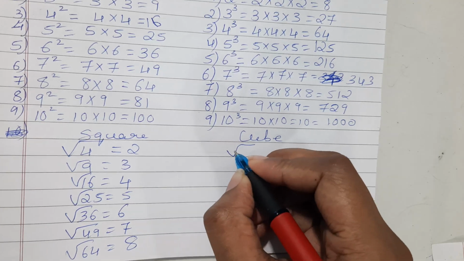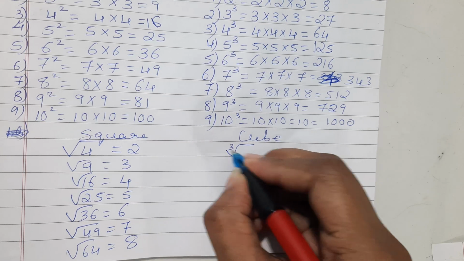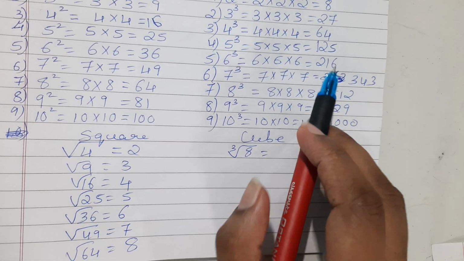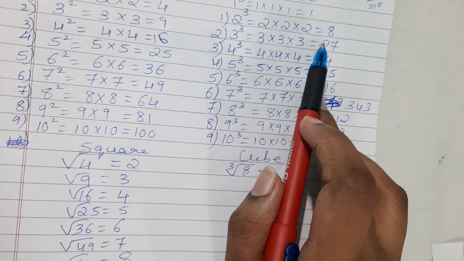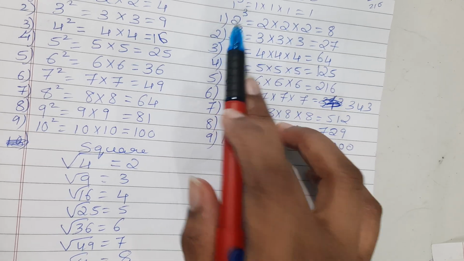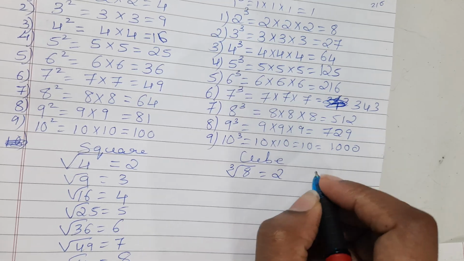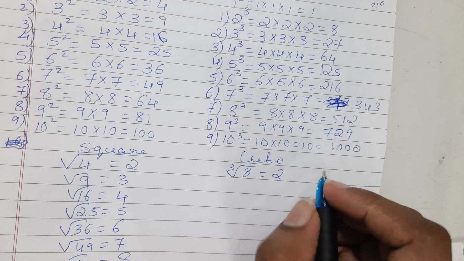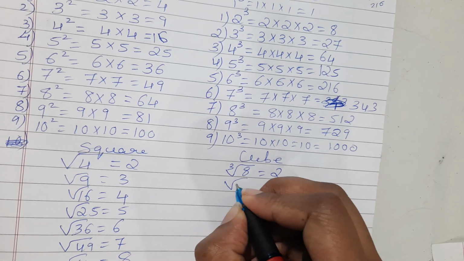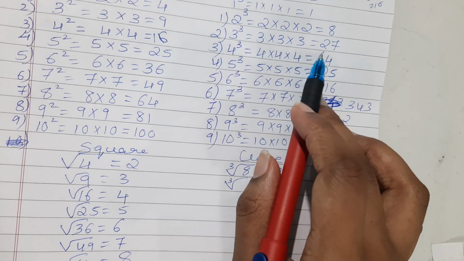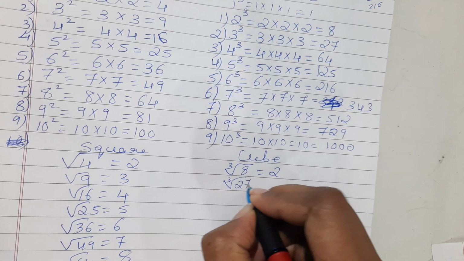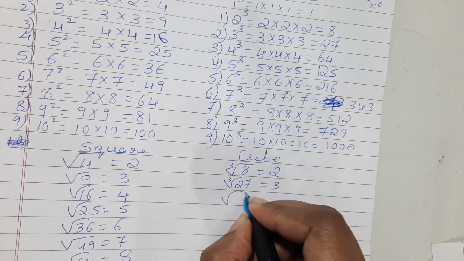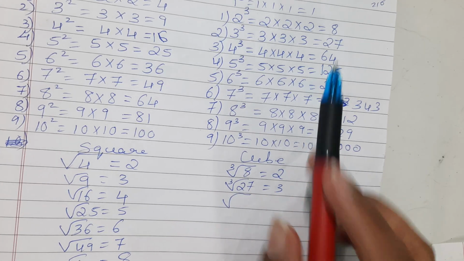Cube root of 8 will be what? Cube root of 8 will be 2, right? Then cube root of 27 will be 3. Then we have cube root of 64.